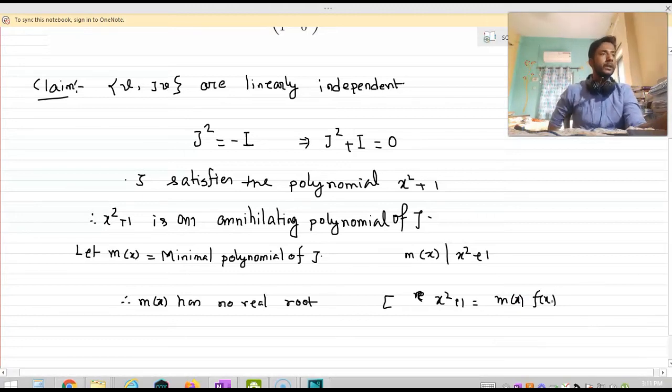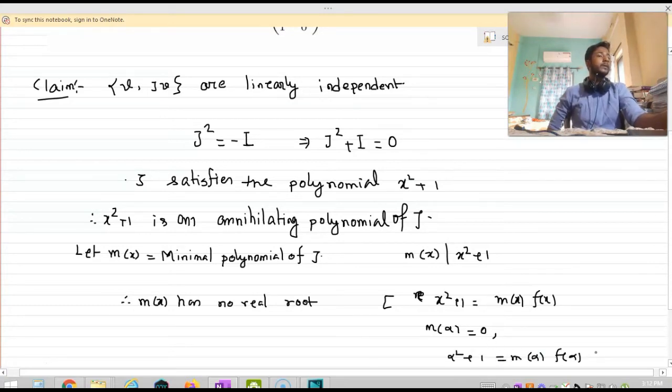Now if m(x) has a real root alpha, that is m(alpha) is equal to 0, then putting alpha here, we get alpha square plus 1 equal to m(alpha) into f(alpha). As m(alpha) is equal to 0, this is 0. So alpha is a root of x square plus 1. If alpha is a real number, then x square plus 1 has a real root, but we know that the roots of x square plus 1 are complex, so m(x) has no real root.